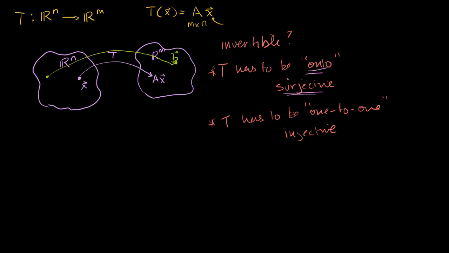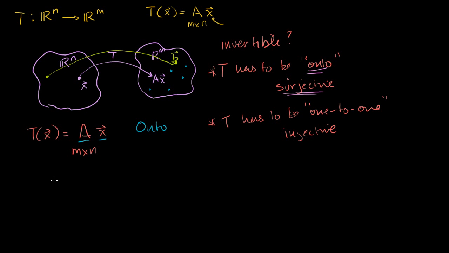We know that the transformation is Ax. The transformation of x is equal to some matrix A, an m by n matrix, times the vector x. Now, if T has to be onto, that means that any member of our codomain can be reached by multiplying our matrix A by some member of our domain. So what's another way of thinking about it?